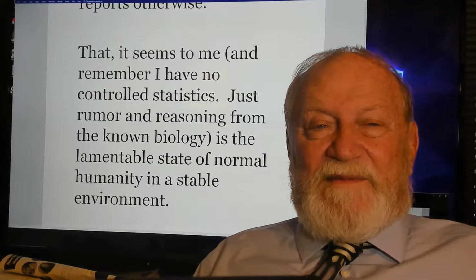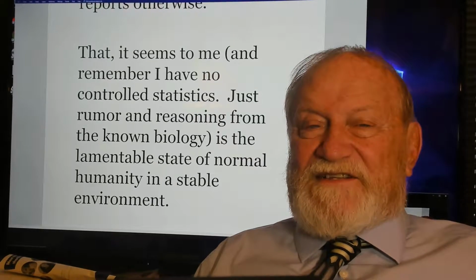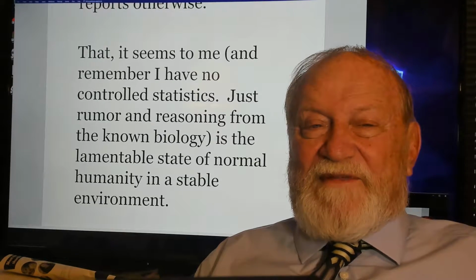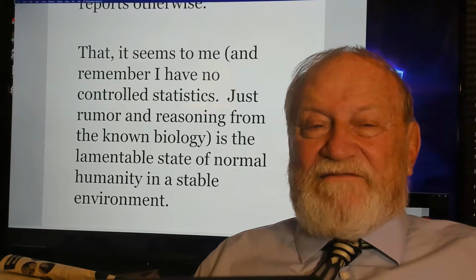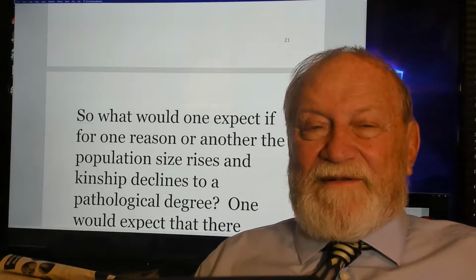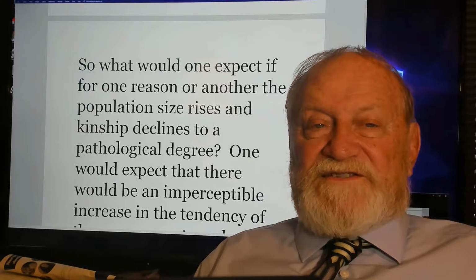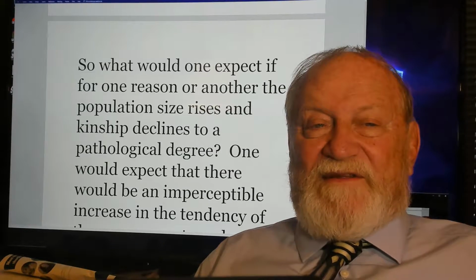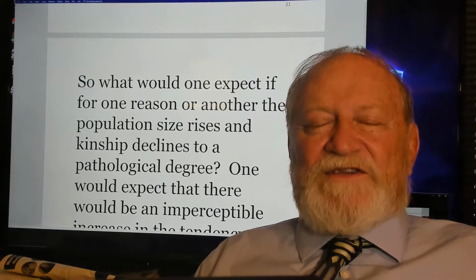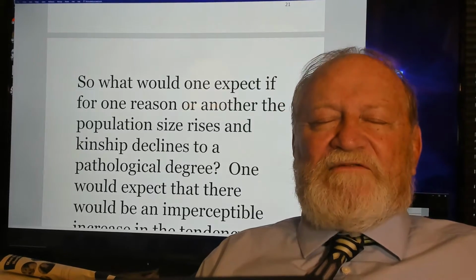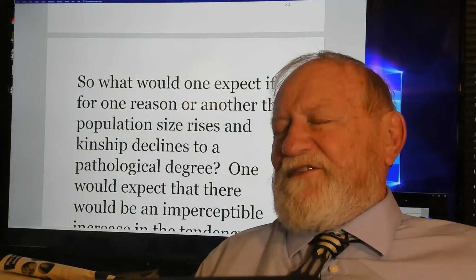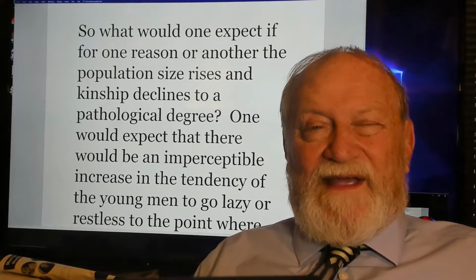That seems to me, and remember, I have no controlled statistics, just rumor and reasoning from the known biology. That's the lamentable state of normal humanity in a stable environment. So what one would expect, for one reason or another, is that the population size rises and kinship declines to a pathological degree. Okay, suppose the population increases, fertility falls, and you shift out to the right on that curve I showed you, way out.